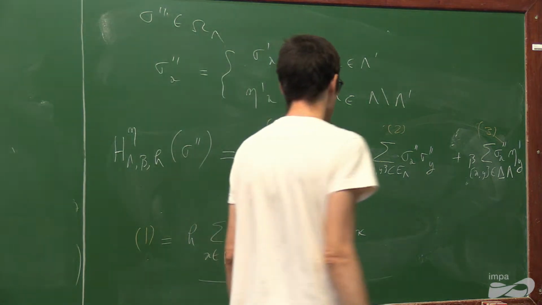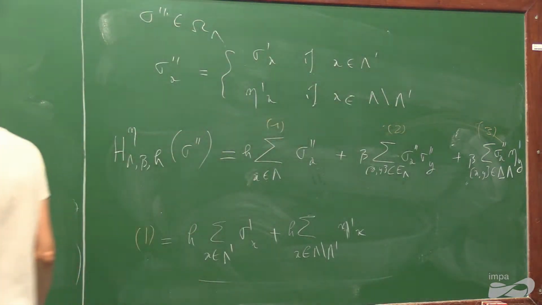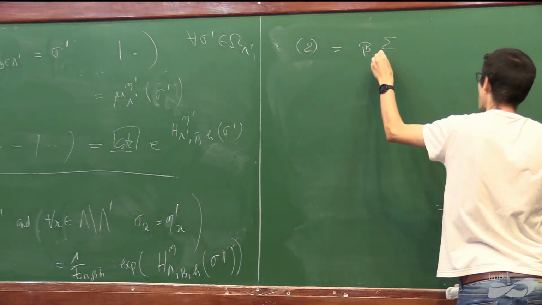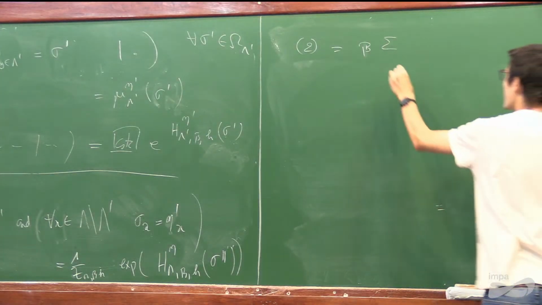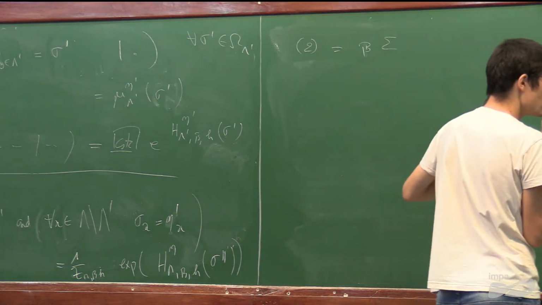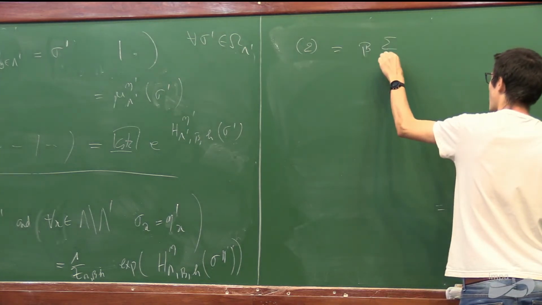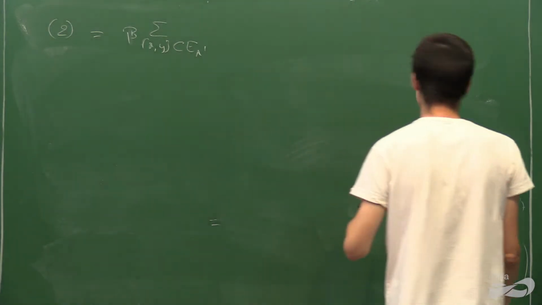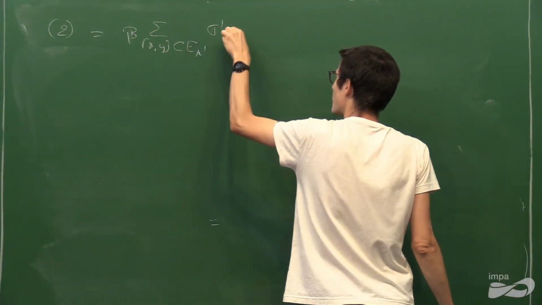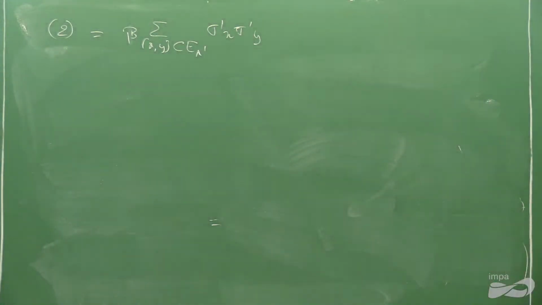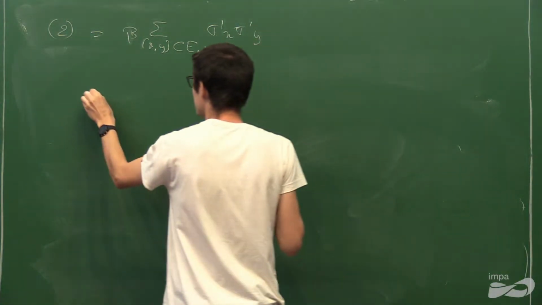It's kind of clear what we want to prove. Of course, I have the sum over xy in E lambda prime of sigma prime x sigma prime y, and then I have to care about the rest.